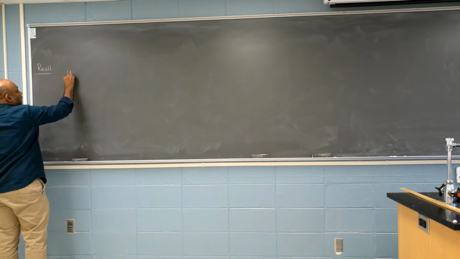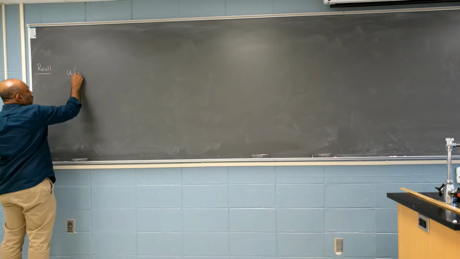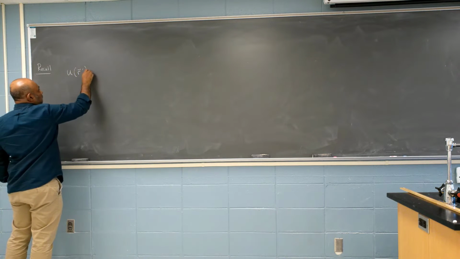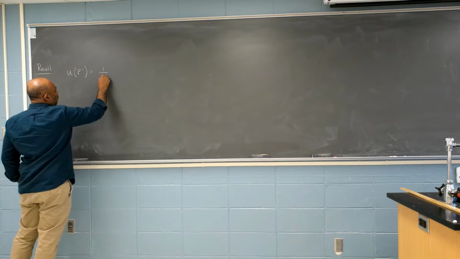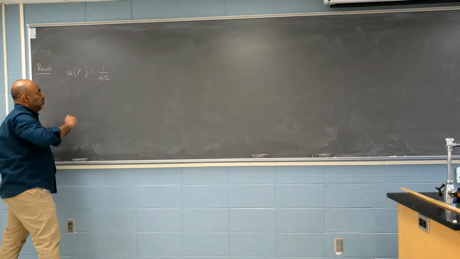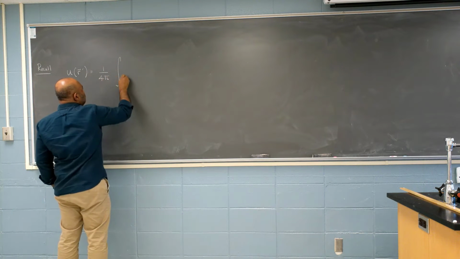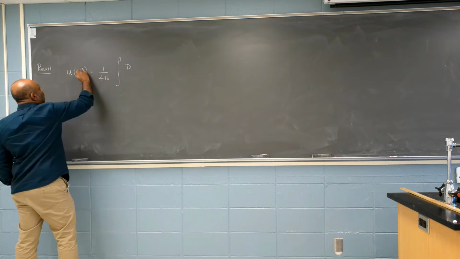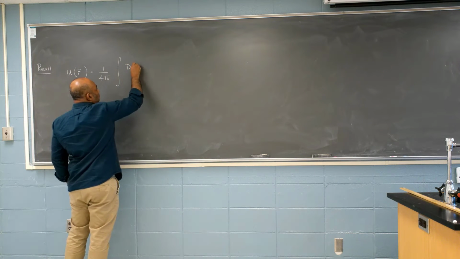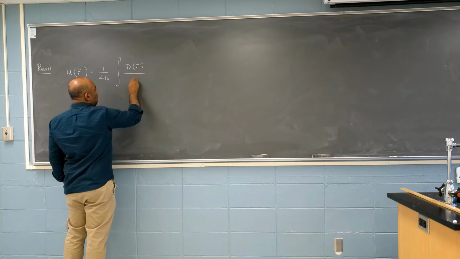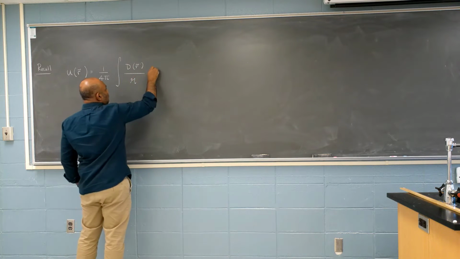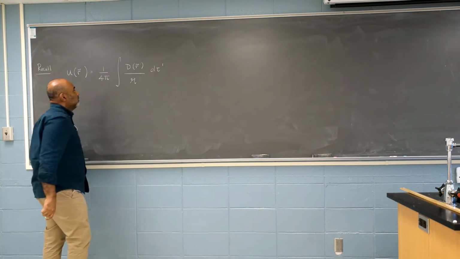So when you have a function like U, and it's 1 over 4 pi, you'll see why it's there: U of r is a function of r prime, with separation variable, integrated over d tau prime.